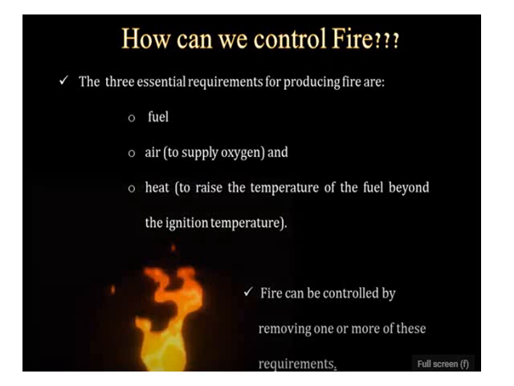Then heat, to raise the temperature of the fuel beyond the ignition temperature. So these are the three major factors which are essential for producing fire. So if we want to stop the combustion, then we have to remove any one of the above. So fire can be controlled by removing any one of the above.